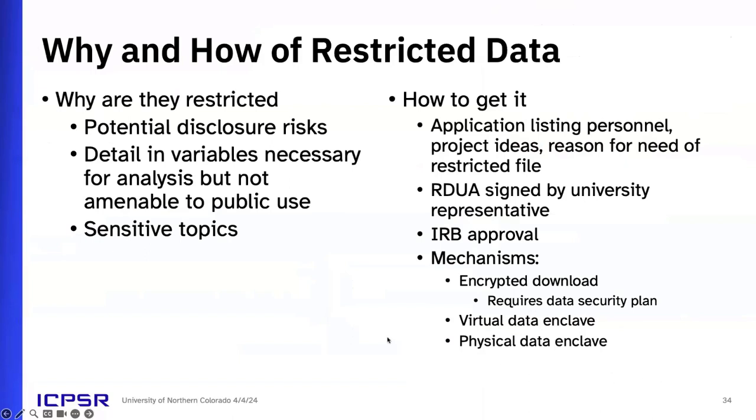We often get questions about why data are restricted and what people need to do to get it. Data tend to be restricted either because when we did that disclosure risk review, we realized that there were some variables that are really crucial to the analytic utility of that particular study that we don't want to take the detail out of, but that they might pose a potential increase in disclosure risk.